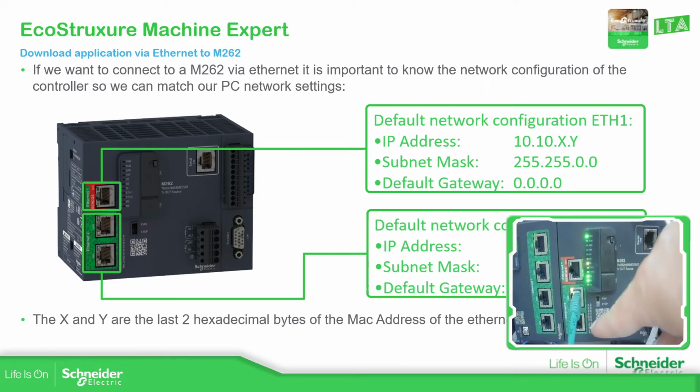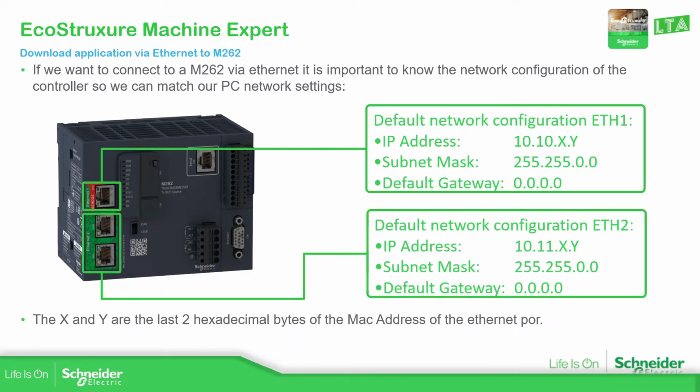Next to the Ethernet port 2 we have some numbers. The first one on the left is the MAC address for the Ethernet port 1, and the second MAC address is for the Ethernet port 2, these two. So based on that, we are able to identify this.